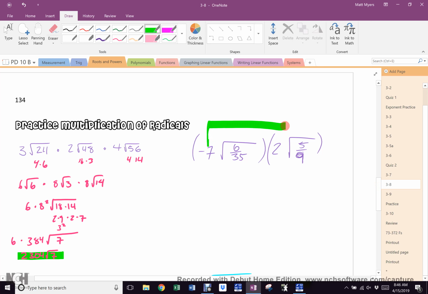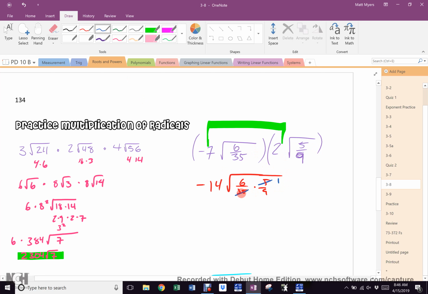What do you do with those? To get what? Negative 14 root. What do you do with those? Multiply them. 6 over 35 times 5 over 9. And you just multiply. But you should be able to notice that 5 and 35 do some canceling, don't they? How many 5s fit into 5?